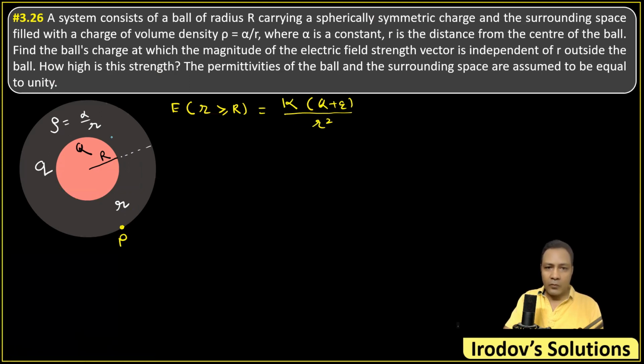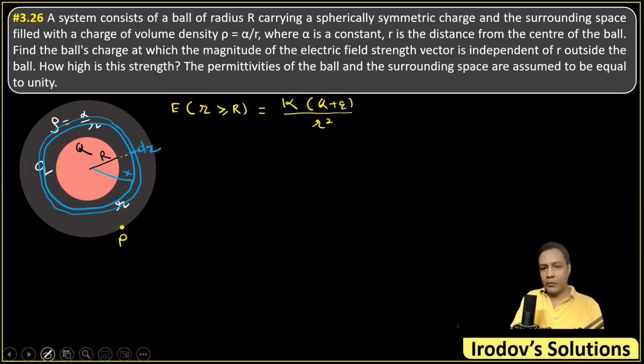To find that, I will take a shell whose radius is x and thickness is dx, something like this. What is the volume of the shell? The volume of the shell will be simply 4 pi x square dx.